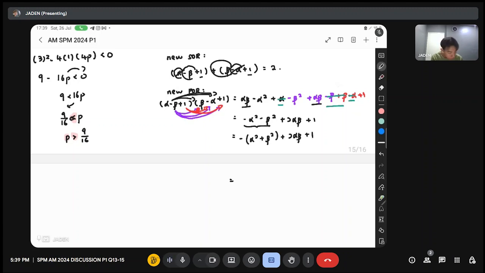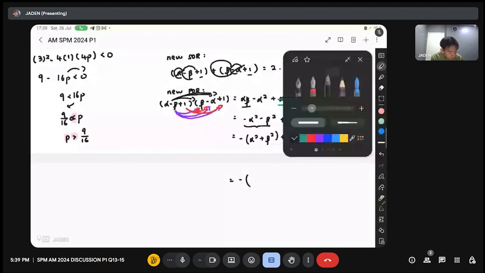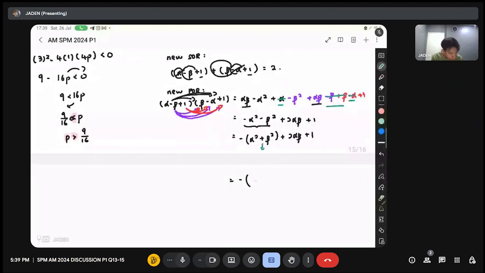And then the next step is you want to convert this into bracket alpha plus beta squared minus 2 alpha beta, followed by everything at the back, the same thing. Now, if you don't believe me, I didn't change the meaning of the equation. The alpha squared plus beta squared exactly came from here: bracket alpha plus beta squared minus 2 alpha beta. If you try to expand this, I'm sure you're going to get back exactly the same thing. So I'm not going to waste time expanding that again.